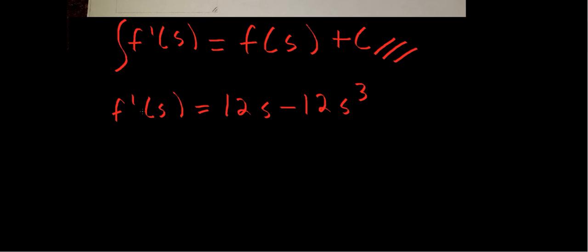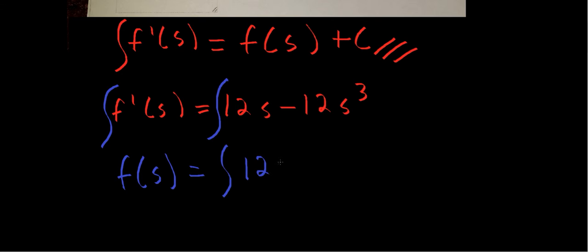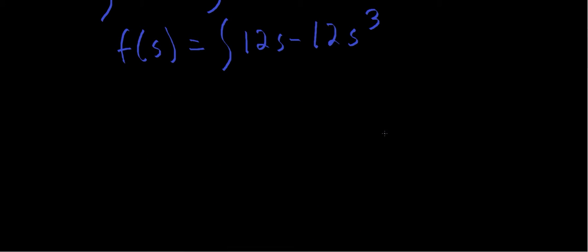We know the left side is just going to be f of s. We'll do both just so you can see. F of s, now we're in a different function. This isn't the same as f prime of s. F of s equals the integral of 12s minus 12s cubed.